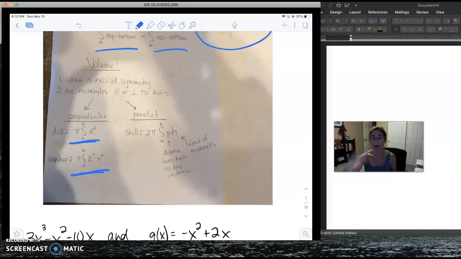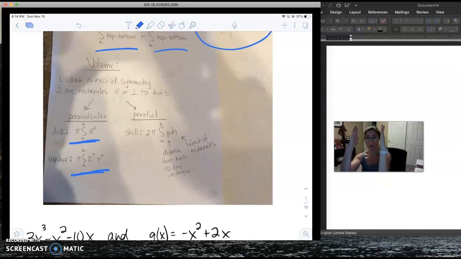Now, let's say your axis of symmetry is the y-axis, but your rectangles are stacked along the x. If your axis of symmetry is here and your rectangles are here and you start to rotate, well, then you've got a shell method.